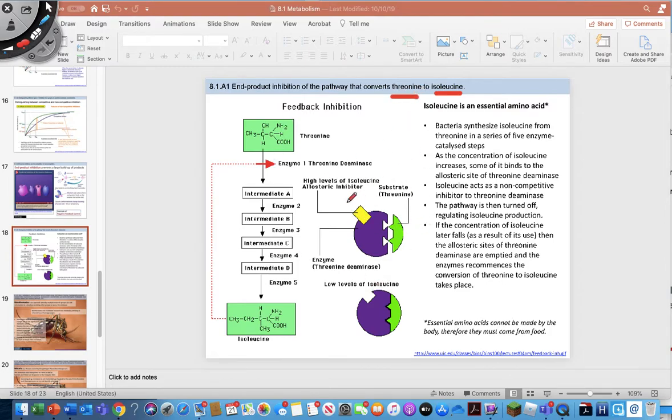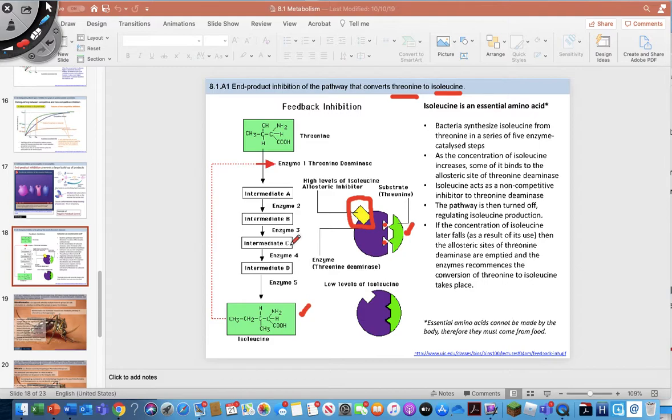Here they show you with this model how isoleucine, being the product, is the one acting as a non-competitive inhibitor. It's binding to the allosteric site of the enzyme. It's changing the active site of the enzyme. Therefore, the substrate, which is threonine, is not able to attach. So that means that the reaction is not going to continue.